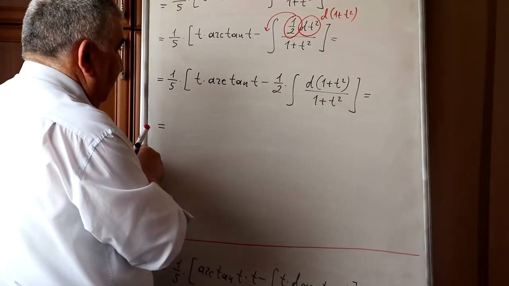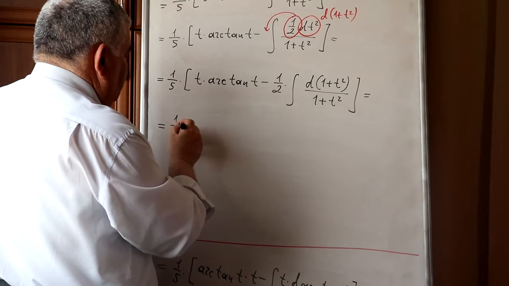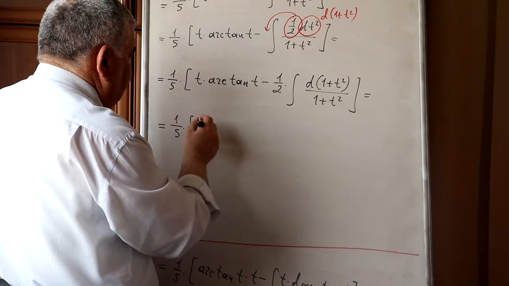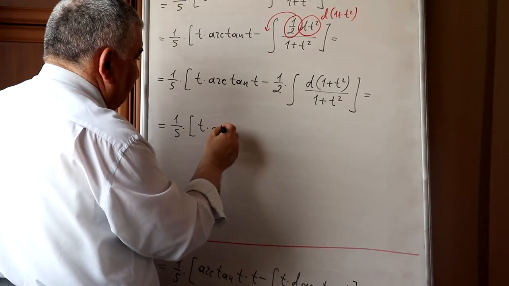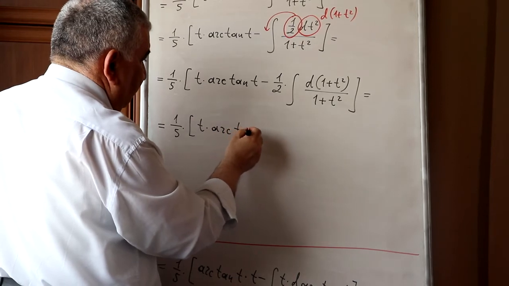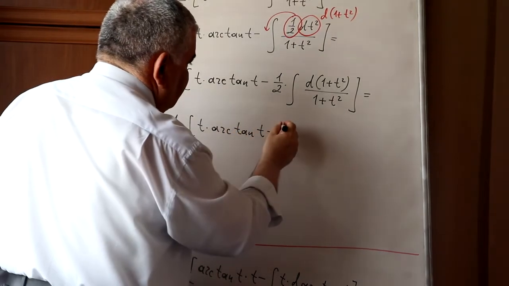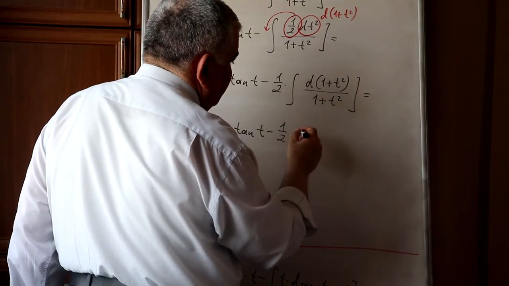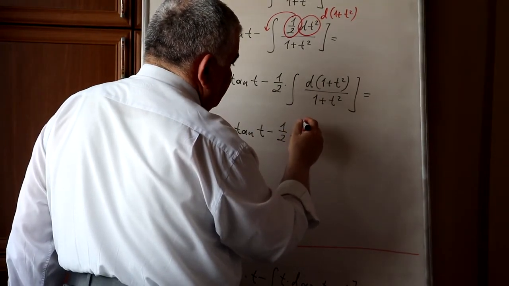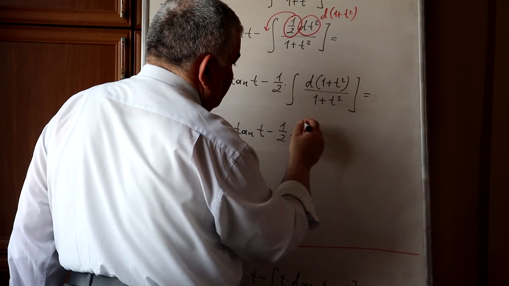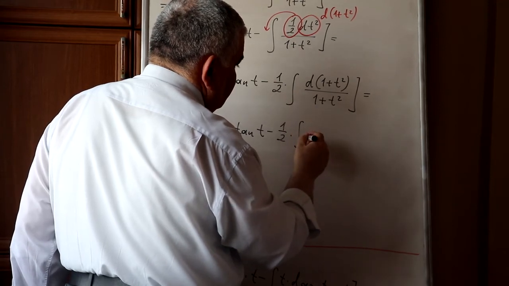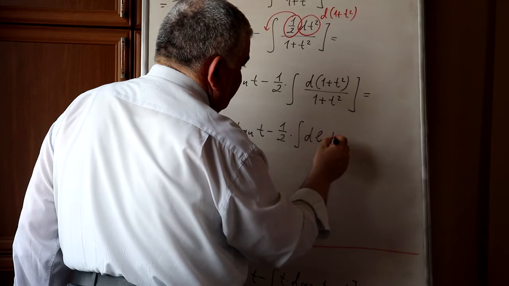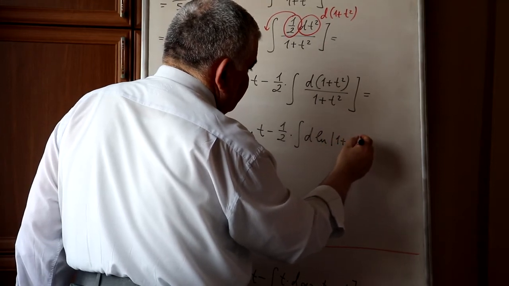So 1/5 multiplied by t multiplied by arctangent t minus 1/2 multiplied by natural logarithm. It is the integral of d of natural logarithm of modulus of 1 plus t squared.